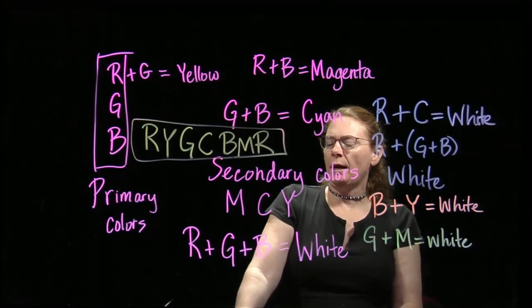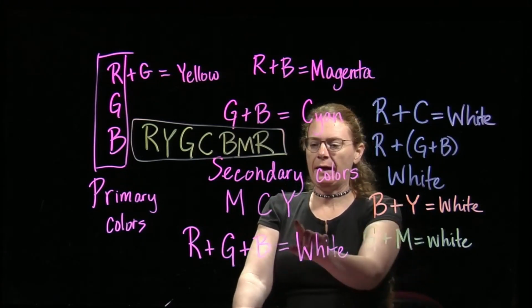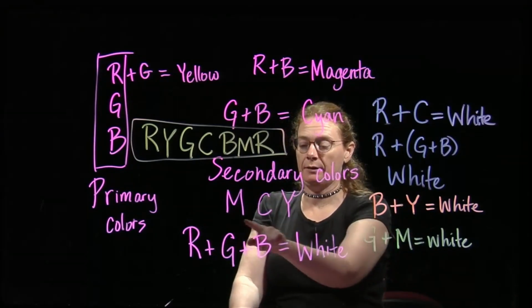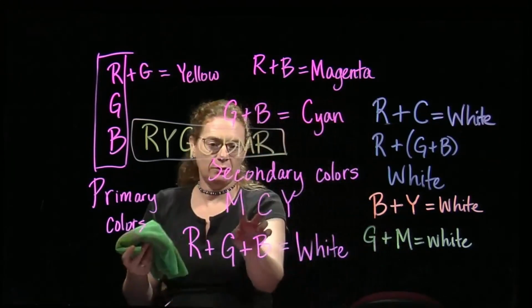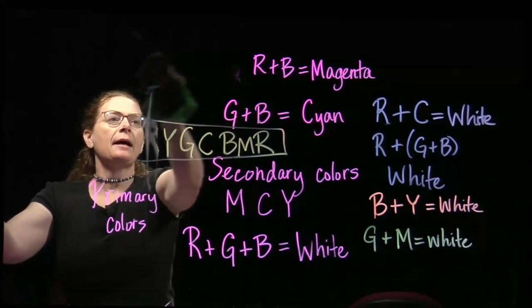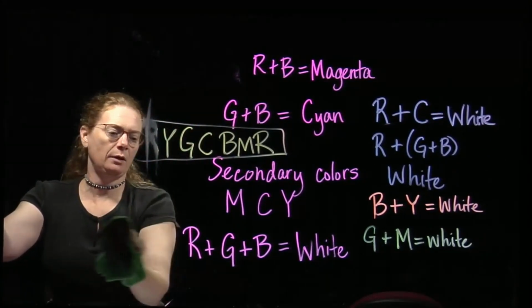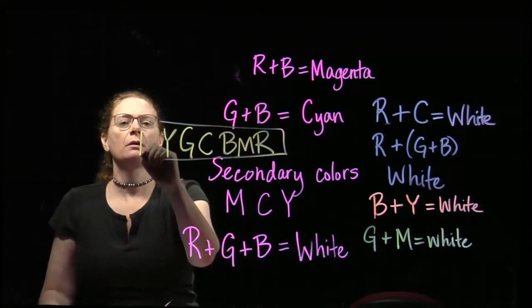Now, what happens if we add secondary colors of light? What happens if I add two of these together? Let's start with just the first two. What happens if we add magenta and cyan together?